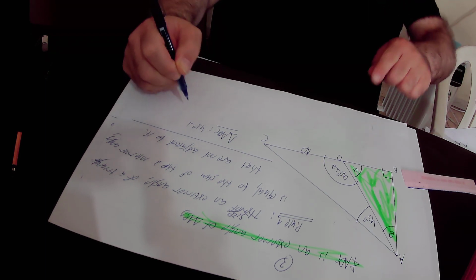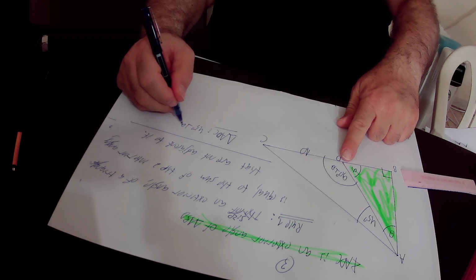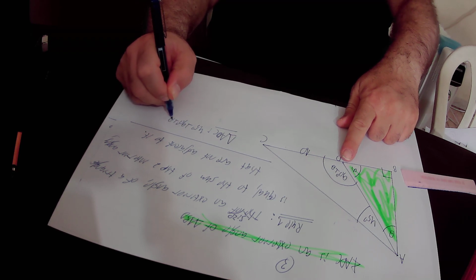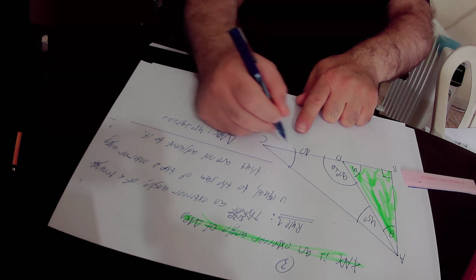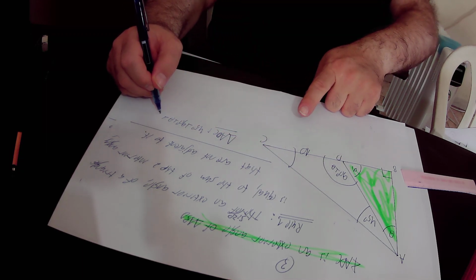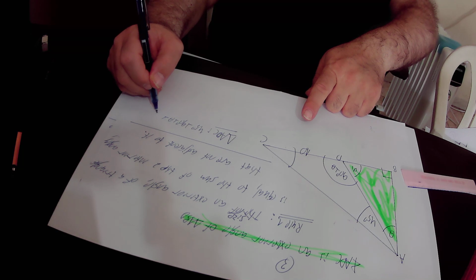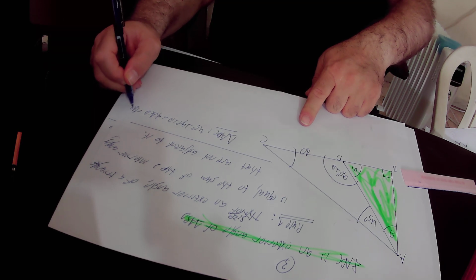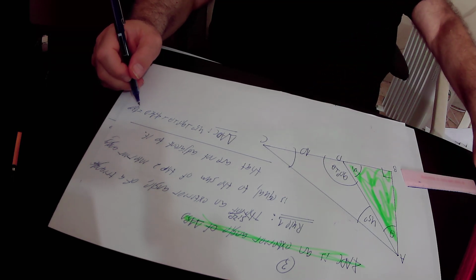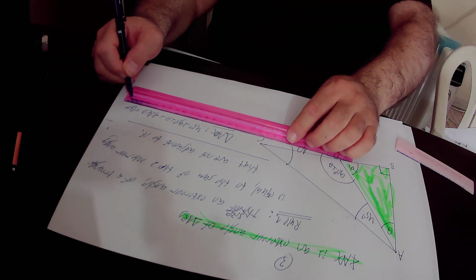We have also this angle that is equal to 90 degrees plus theta. And we have the missing angle. This angle is equal to angle ACB, or ACD. That's angle ACD. In total, the sum of those three angles must be equal to 180 degrees, according to the rule that the sum of the angles in any triangle is equal to 180 degrees.